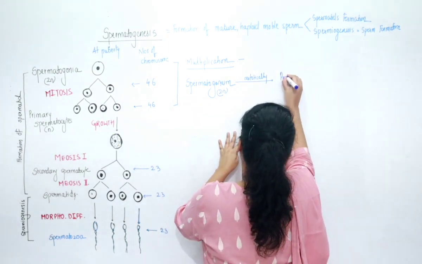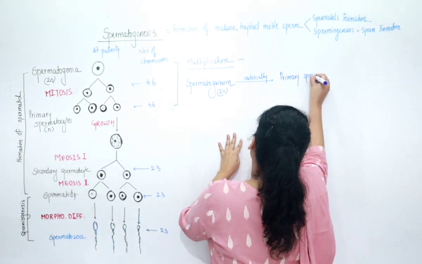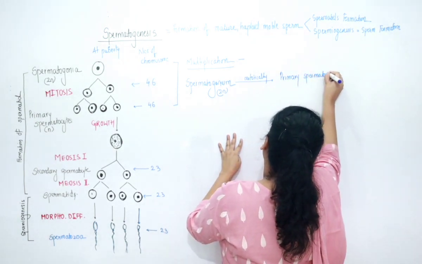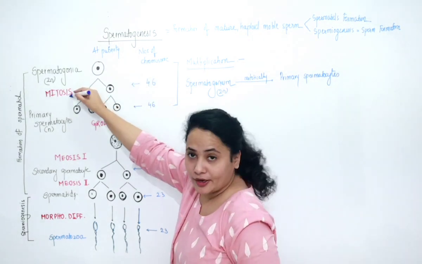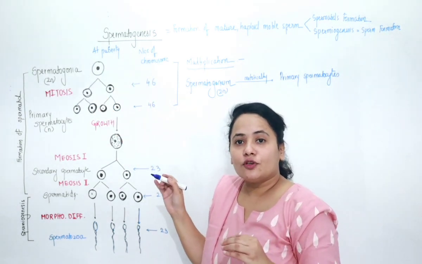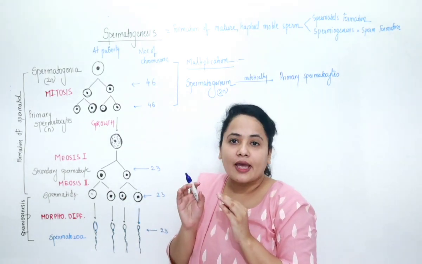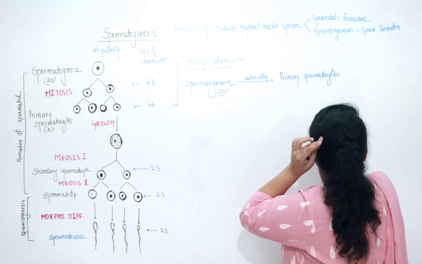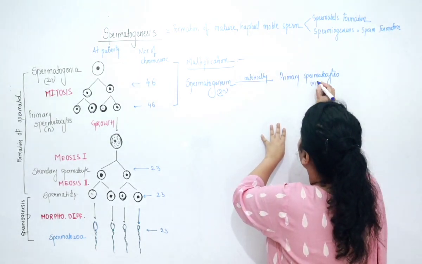So I am writing over here, primary spermatocytes. Now we also know that from here to here is mitosis. So which cell division is that? Mitosis, equational, right? So the number of chromosomes remains as it is, so this is also 2n.